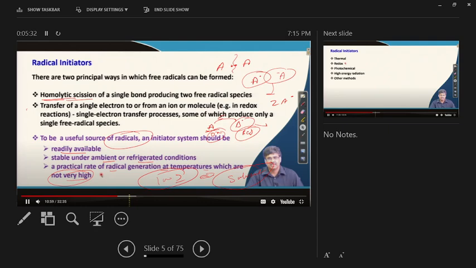So we need to select a compound which forms radicals at moderate temperature, not very high temperature. Otherwise, the other reaction conditions will not be followed, or we need to change them, and that is not very easy. So we should be very choosy about the selection of the radical.